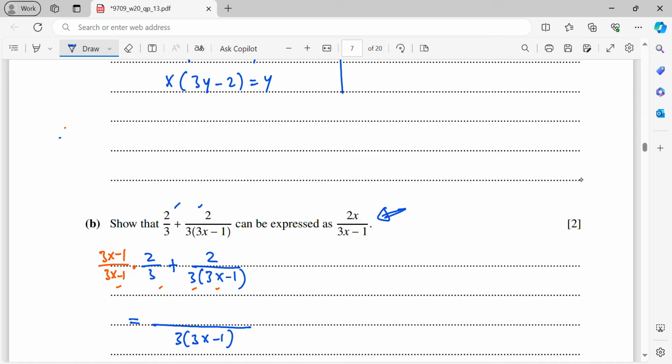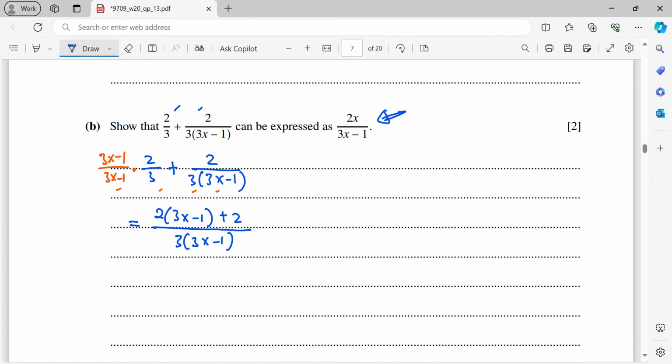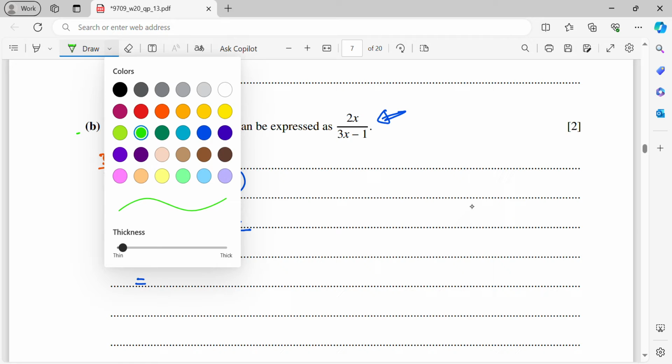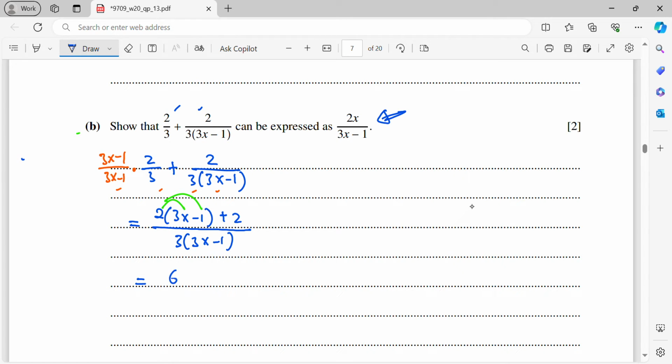So the numerator of the first term, it will be 2 bracket 3x minus 1 followed by plus 2 on the right side for the second term. Then from here, just simplify. Do expansion. 2 times 3x and then times minus 1. So I will be getting 6x minus 2 plus 2 over 3 bracket 3x minus 1.